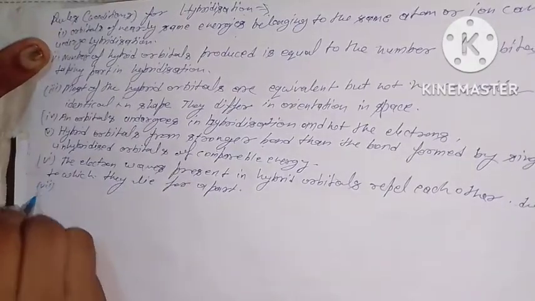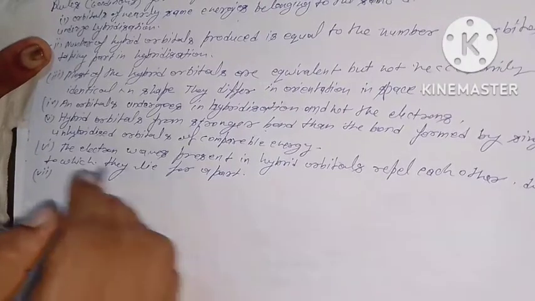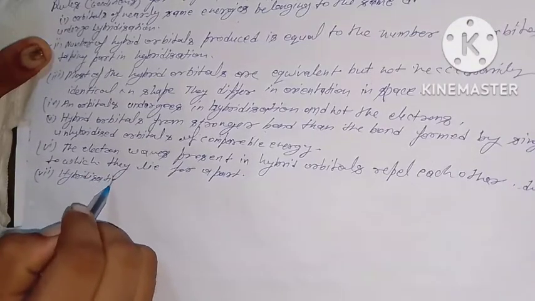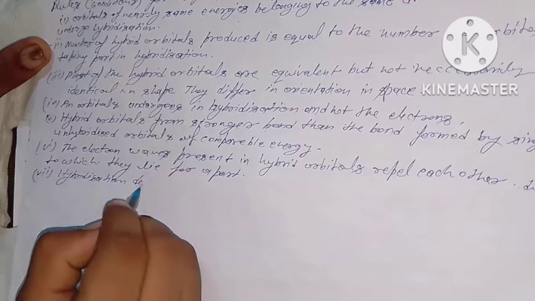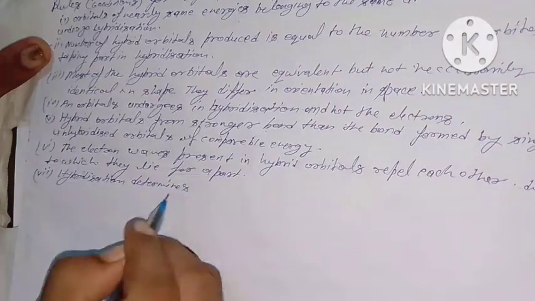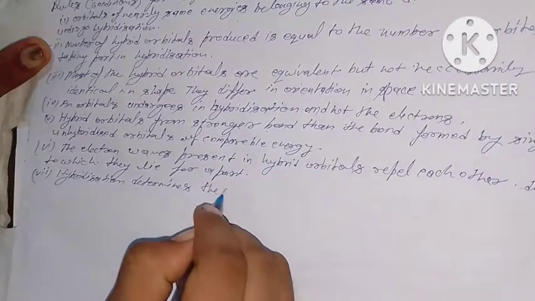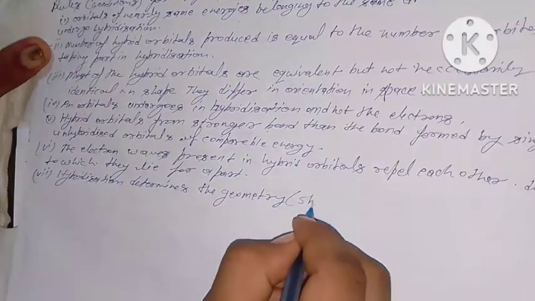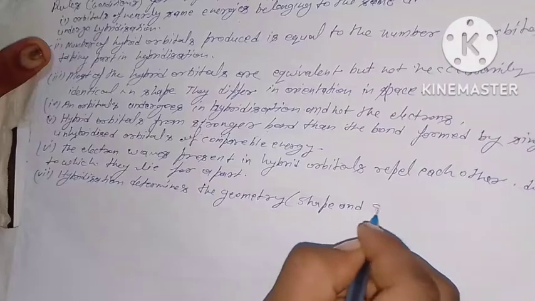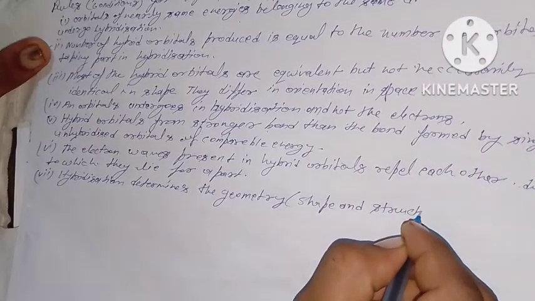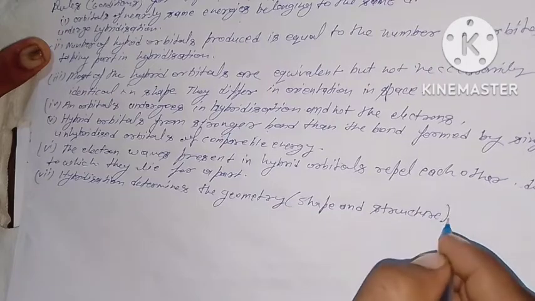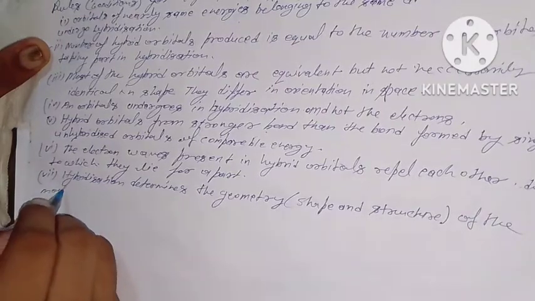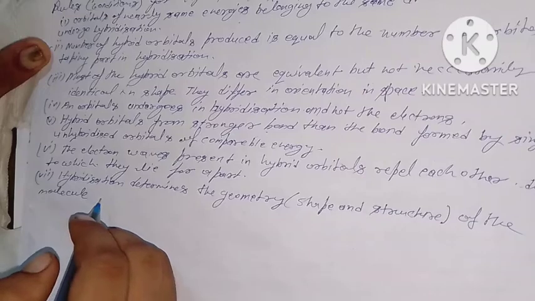Seventh. Hybridization determines the geometry, shape and structure of the molecule, including bond angle.